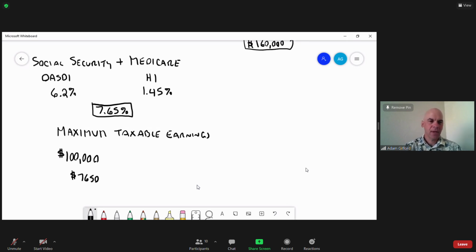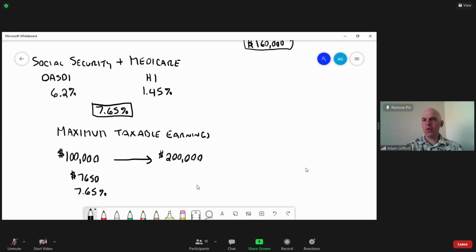So if you earn $100,000, you pay $7,650 in OASDI, which is 7.65% of your entire pay. Let's compare that to somebody that earns twice that.